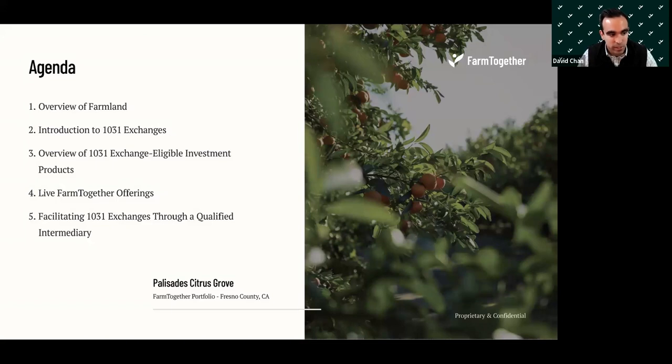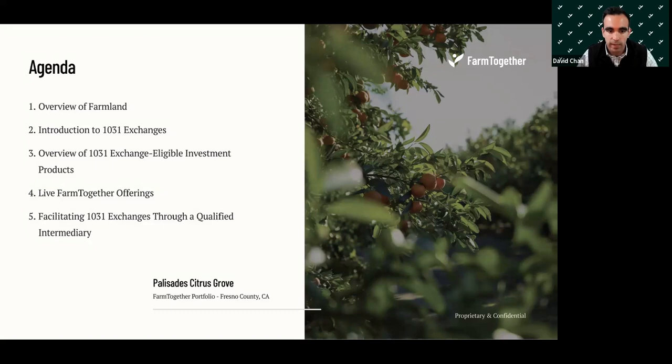And then we're going to transition into an overview of Farm Together's investment products that are eligible for 1031 exchange, as well as a live opportunity that we just launched a couple of days ago that is eligible for 1031 exchange. And then we'll pass it off to Stephen to share a bit more from the qualified intermediary, or QI, perspective on important facts and considerations to keep in mind if you are currently in a 1031 exchange or if you are considering one and considering selling an investment property in the future.